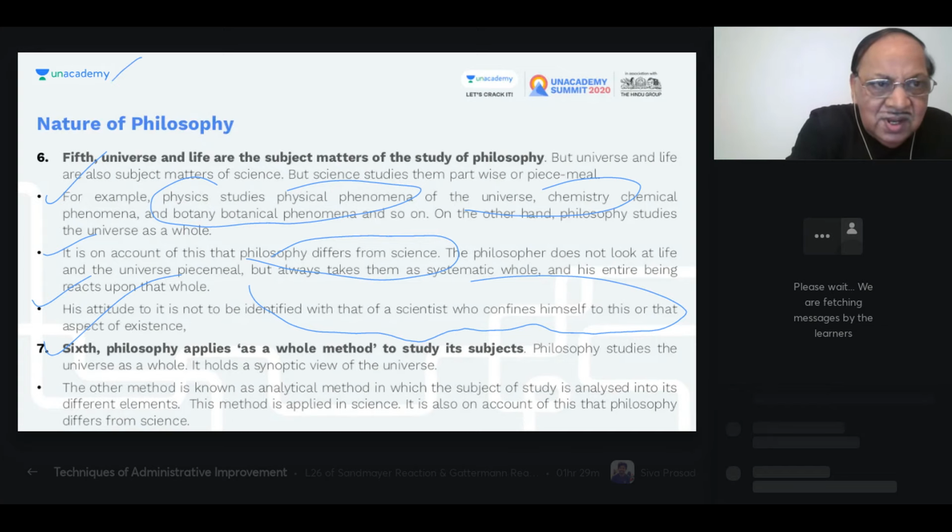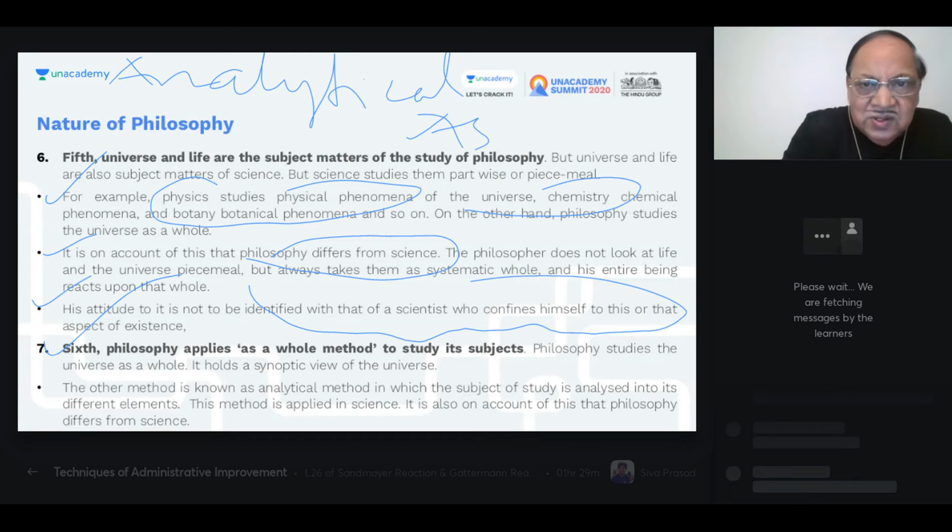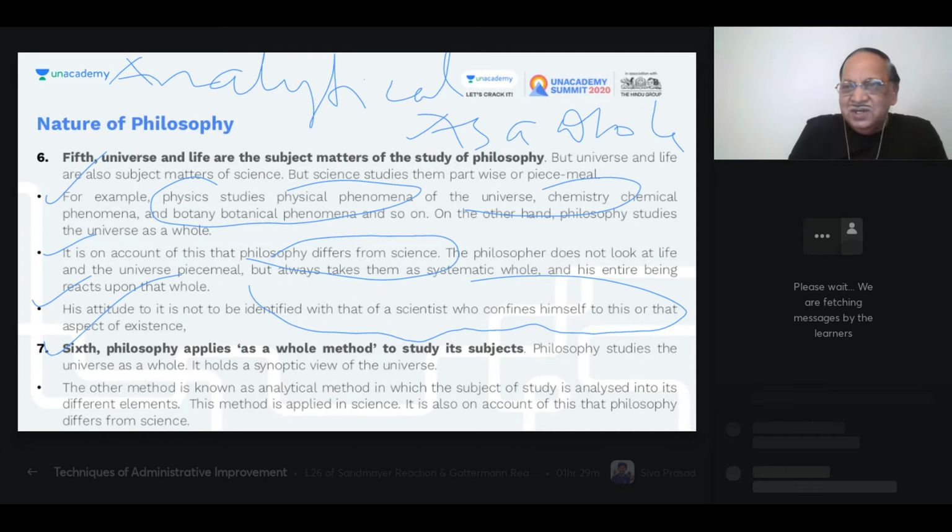One is analytical, and the second is as a whole. In the analytical method, one studies an object by analyzing that object into its different elements.